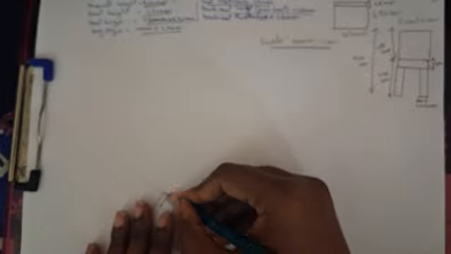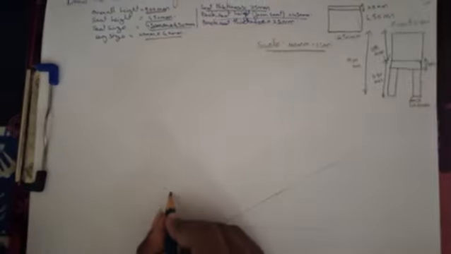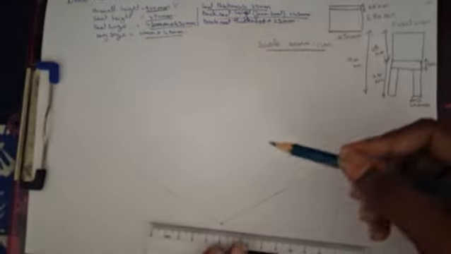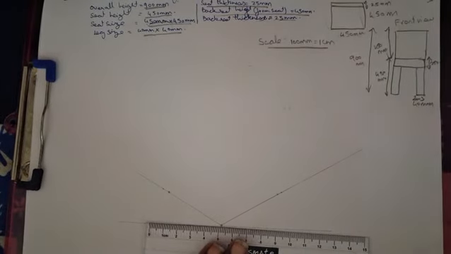Sorry girls, 4.5 centimeter. I am marking it on either side. And now I am going to draw the line parallel to this line using the set square.